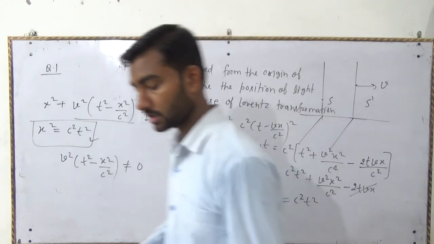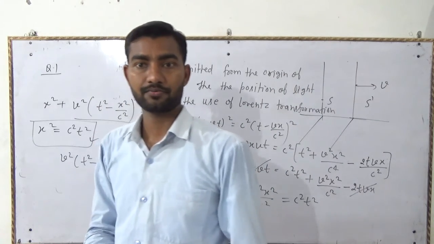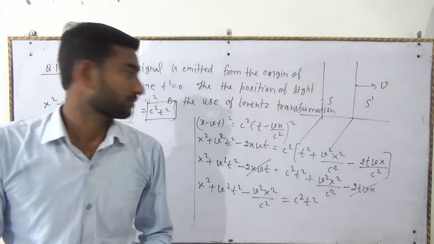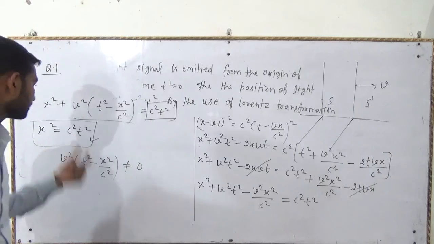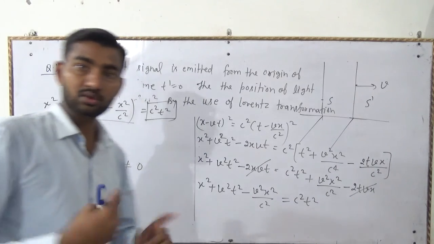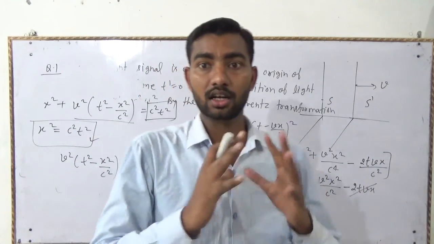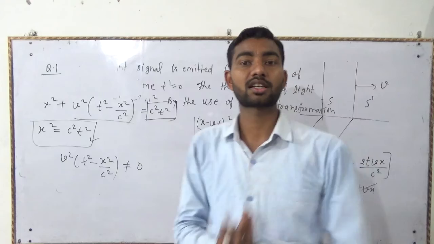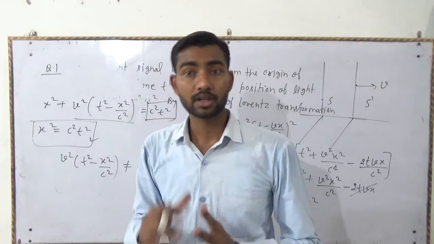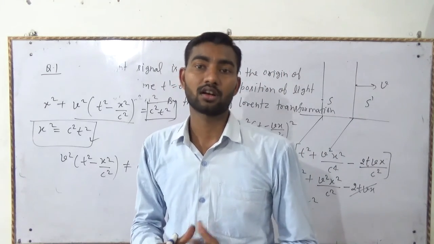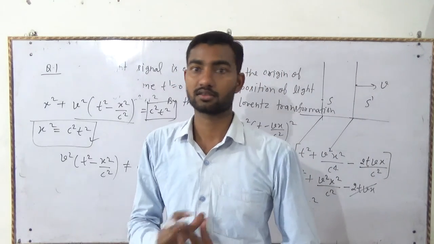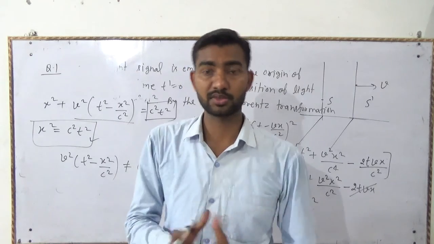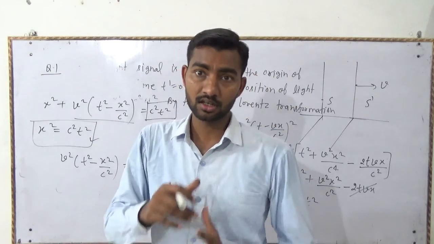So we can say that the speed of light is always constant, whether the frame of reference is moving or at rest. It is absolute.